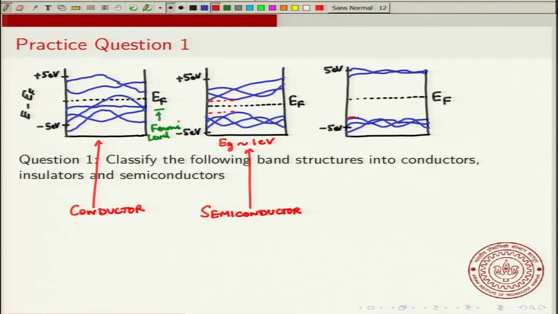Here the band gap, if you estimate it, looks like about 7 electron volts, and this would be an insulator.